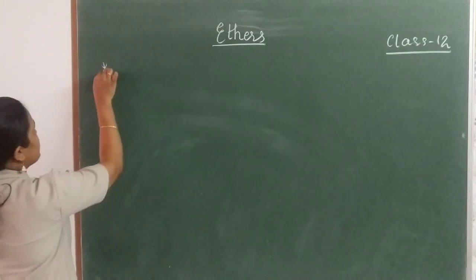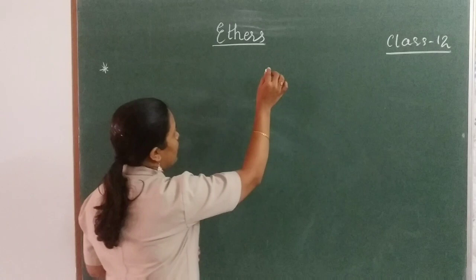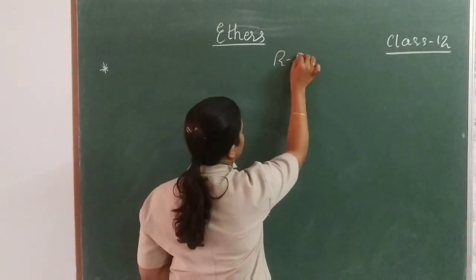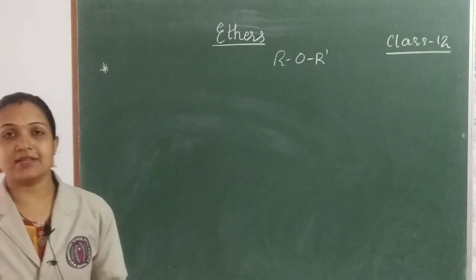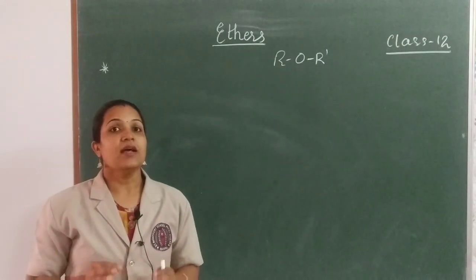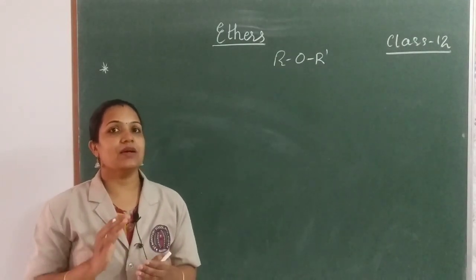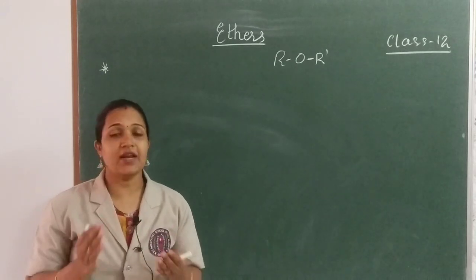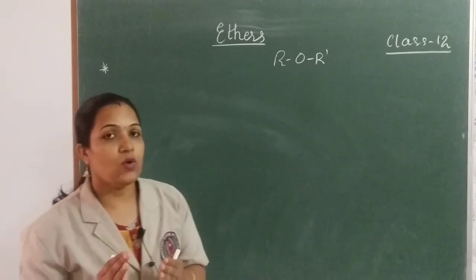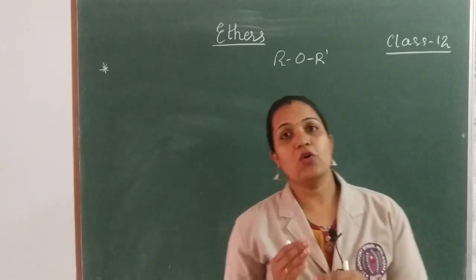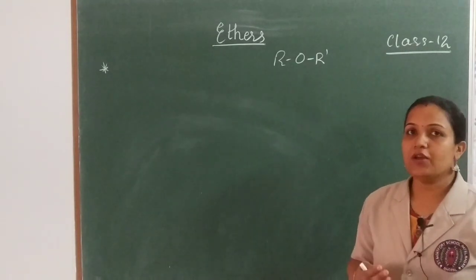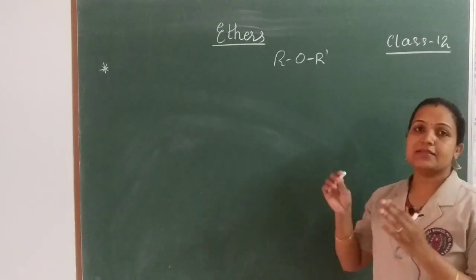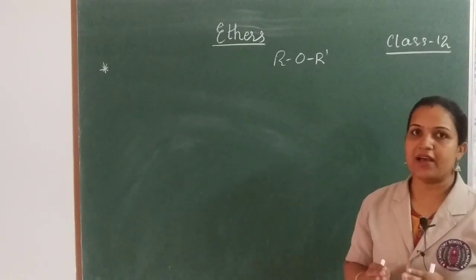And in ethers, let's study what is the general formula of ethers. The general formula of ether is ROR'. In our previous classes we studied how ethers can be classified, how ethers can be prepared, and also ether nomenclature.